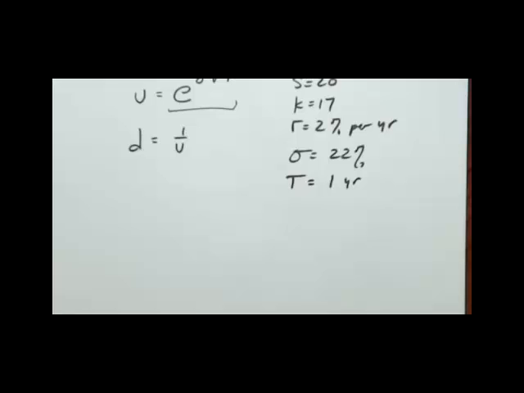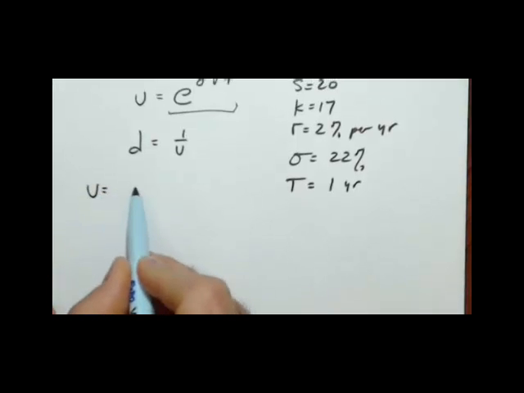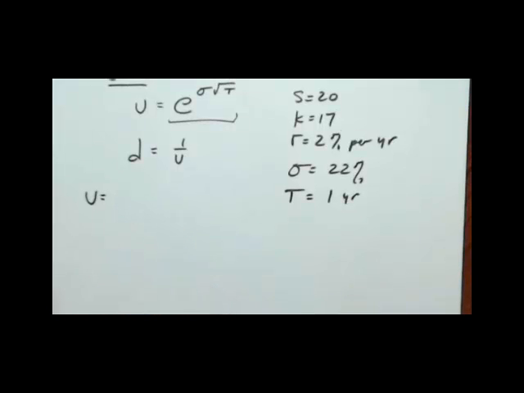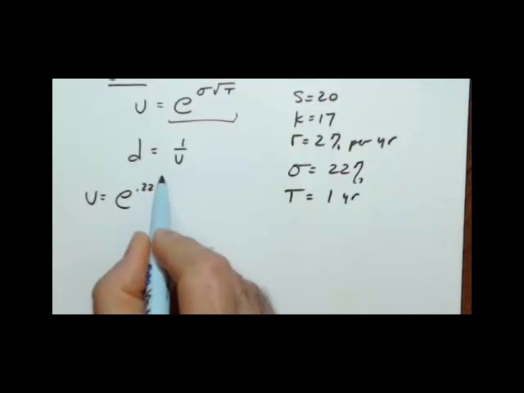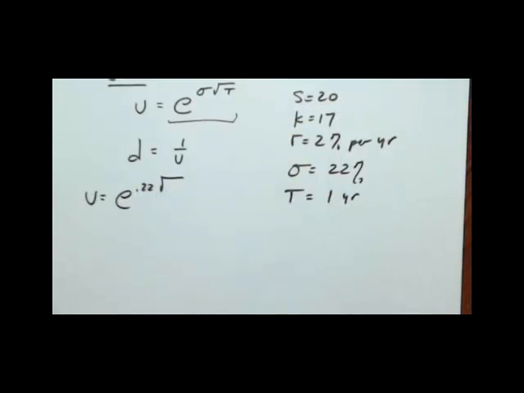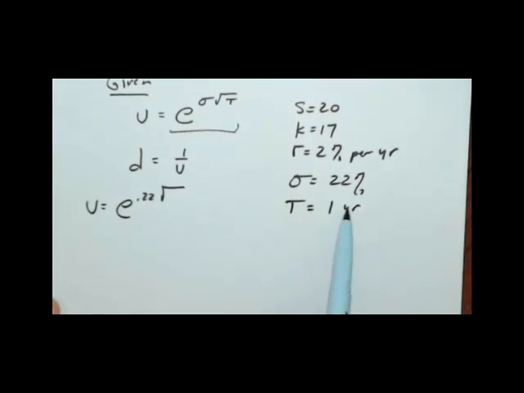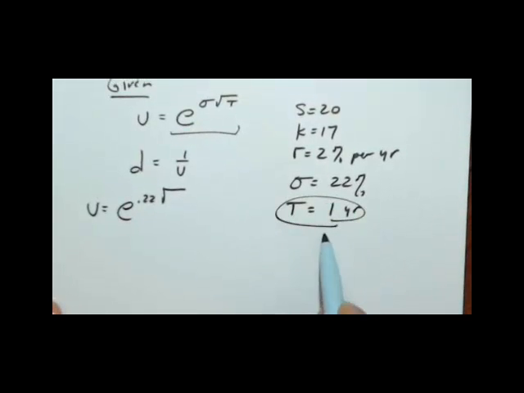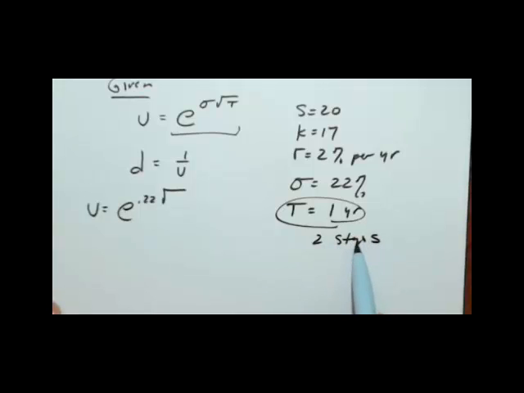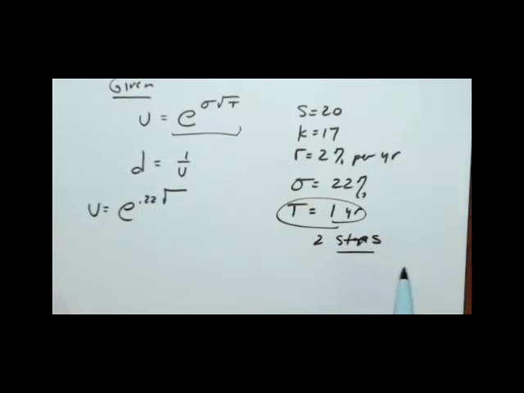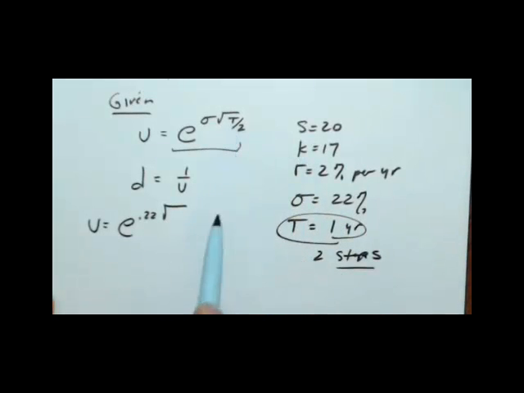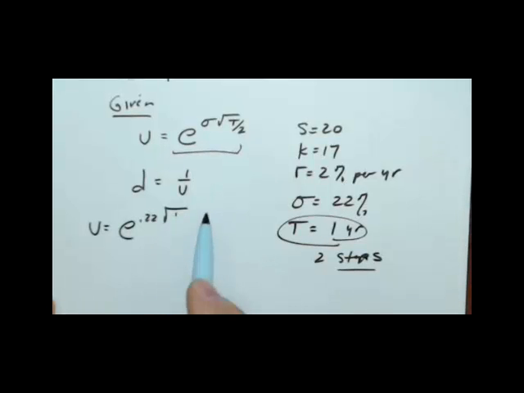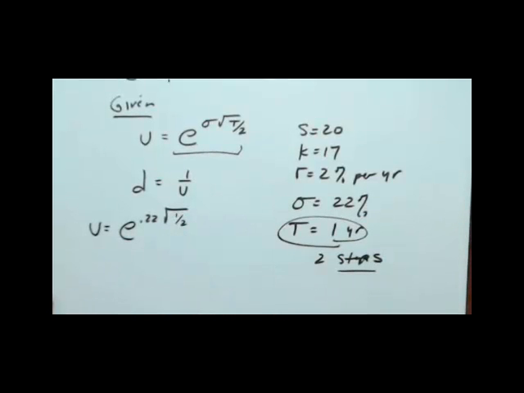Now let's figure out the actual up and down movements. So U, the up movement, will be e to the 0.22 times the square root of T. We have a T of 1 year, but we're going to do 2 steps in this tree per year. So we're going to chop this T by 2, so T is 1 year over 2.